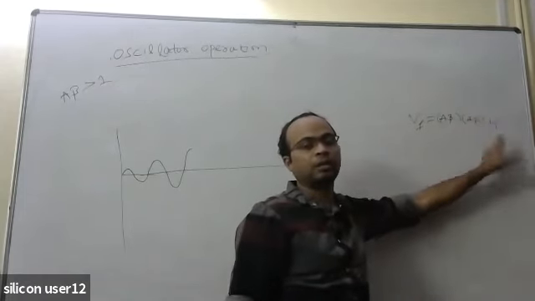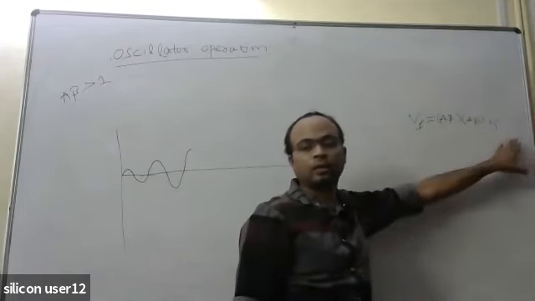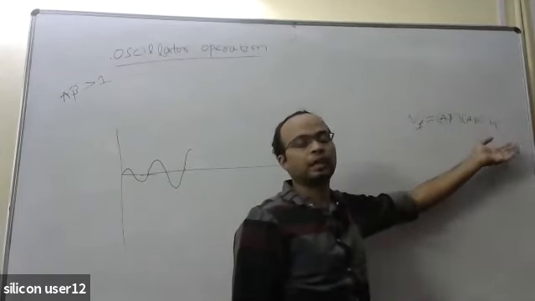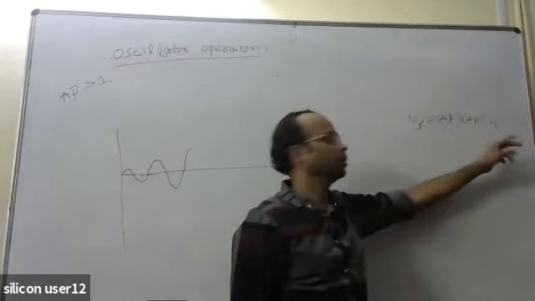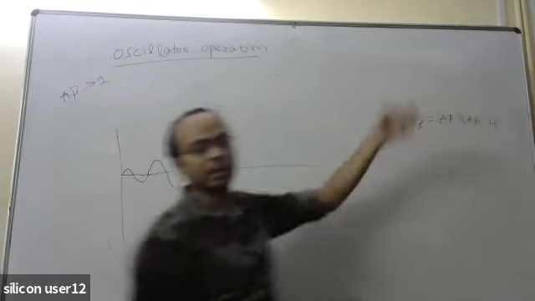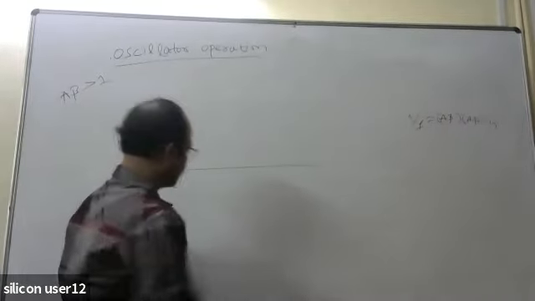In the third iteration, 1.5 cubed into VI. In the fourth iteration, 1.5 to the power 4 into VI. That means in each iteration the output voltage level is going on increasing.